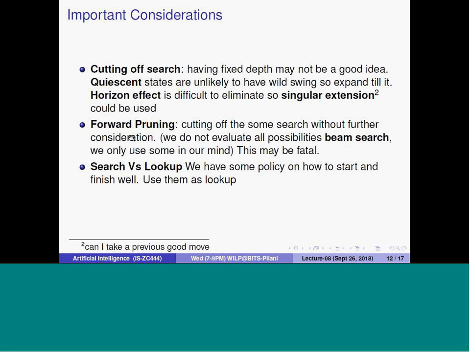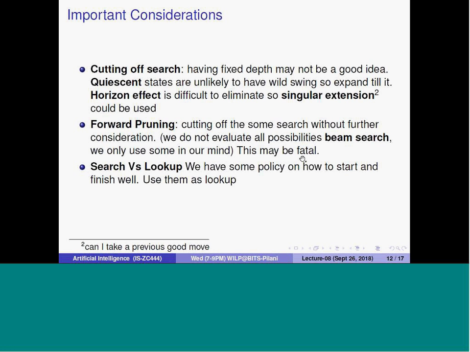So out of 100 choices, as a human player, you are only considering 5-6 moves, and you are evaluating what is going to happen at the end. This is called beam search, because now you have a clear beam, the line on which you are going to play the game, and you are only considering those possibilities. So this is called beam search.